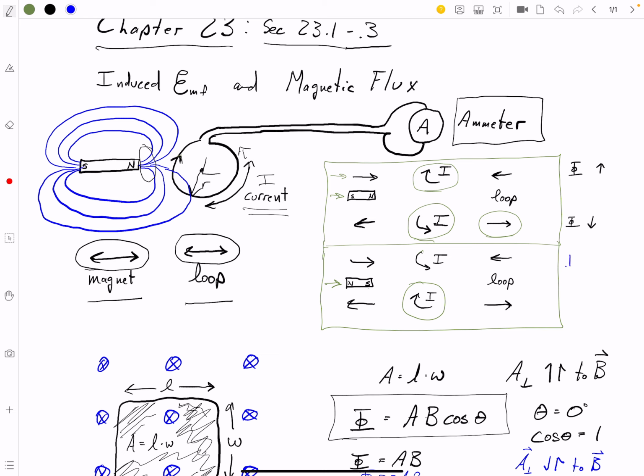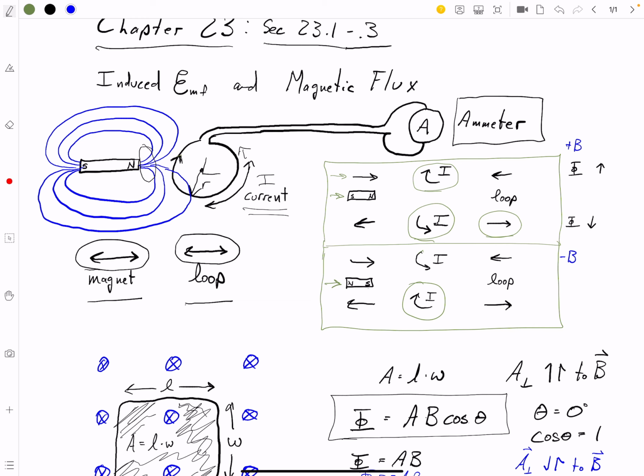So our magnetic field, B, and here B is positive. B is negative.